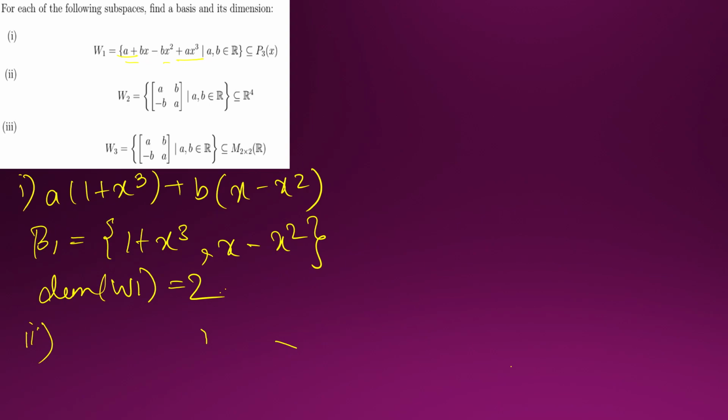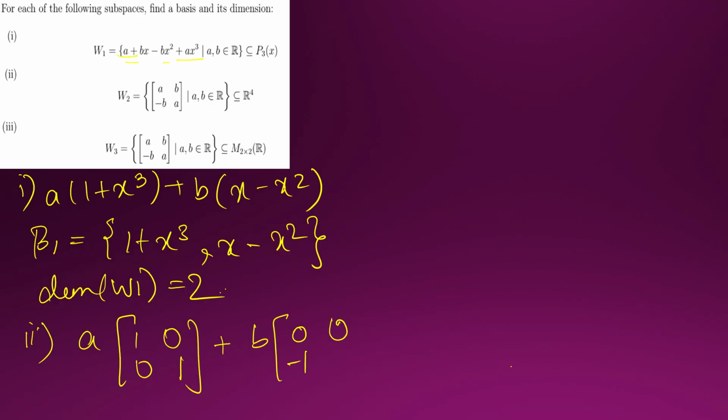The second part says these two matrices are given. So let's see. Take the A part separate and the B part separate. Let's not write alpha 1 and alpha 2, because here we have A and B. So A into 1, 0, 0, 1, then B into 0, minus 1, 1, 0.